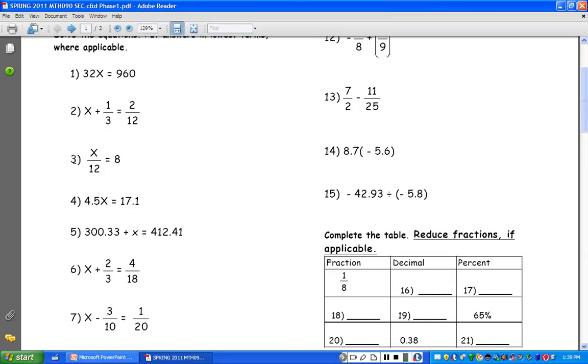So let's try number 3 here. It's x over 12 equals 8. So one thing I want to point out here is that x over 12 equals 8. What is the coefficient of x here? The coefficient meaning the number that's considered to be in front of the x.